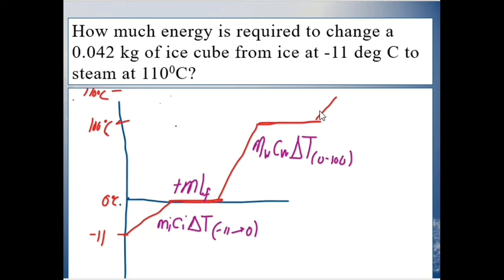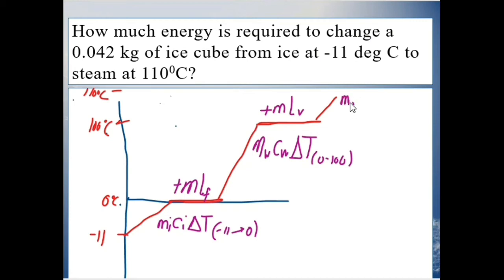And then lastly, actually it's not the last yet. So we have here positive again since it's absorbing heat. So positive M, but this time it's already LV, latent heat of vaporization. And then the last one will be from 100 to 110. And that will become the mass of the water vapor.